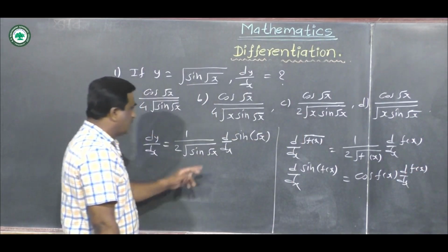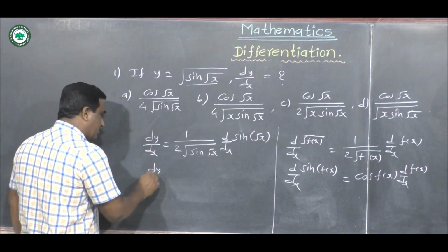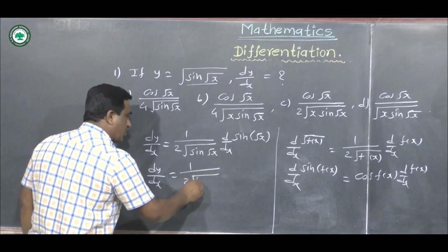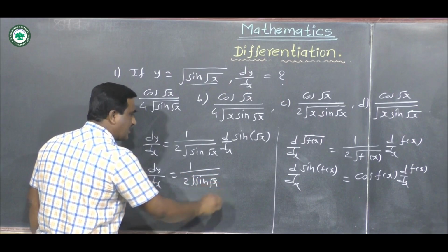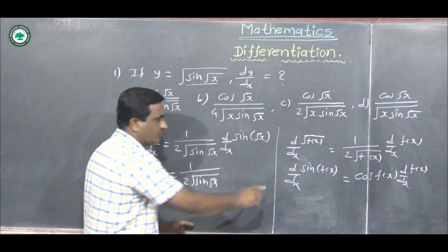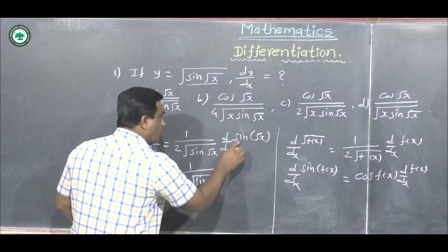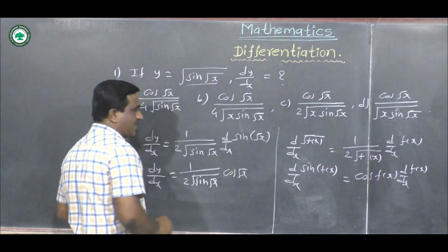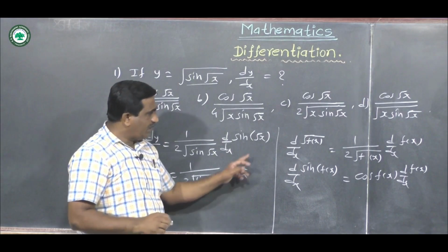Now here we can write dy by dx equal to 1 upon 2 into under root sine of root x as it is, into derivative of sine of root x. We use this formula here. Derivative of sine of root x is cos of under root x into derivative of root x.